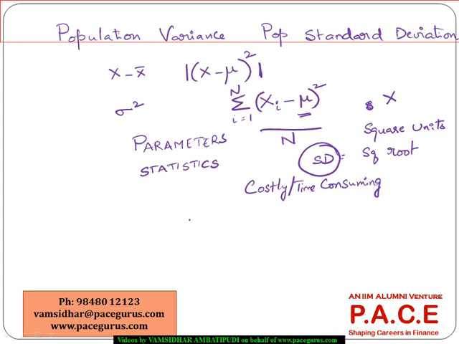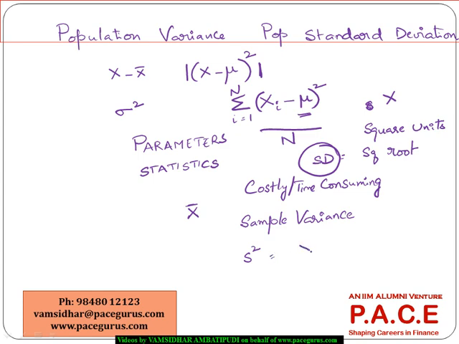If I am going ahead with the sample, I will find only the sample mean, which is x bar, which I cannot call mu, and I have to go with the sample variance, which is slightly different from the population variance. First, the notation. I will not represent it as sigma squared, I will represent it as s squared.